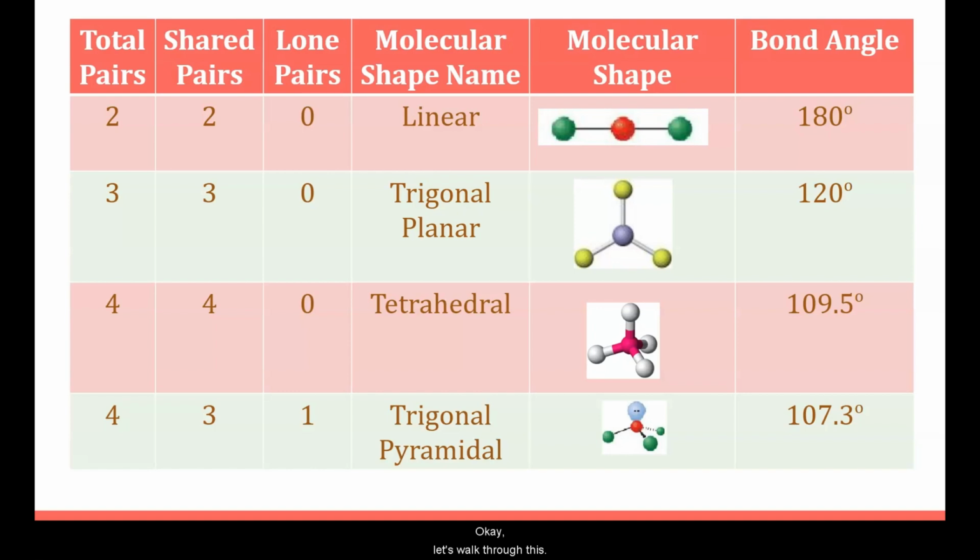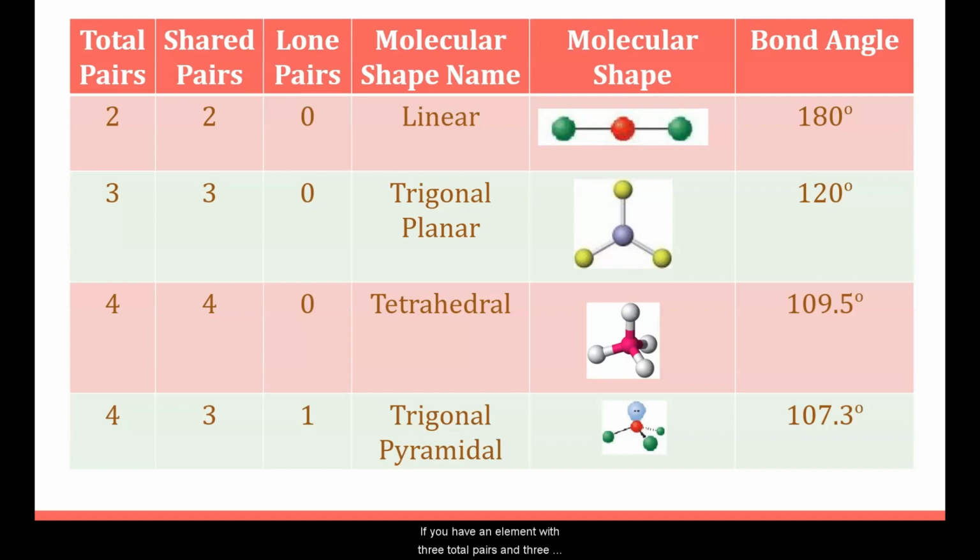Okay, let's walk through this. An element with 2 total pairs and 2 shared pairs with no lone pairs is linear. It's going to have a very flat, straight molecular shape, and you can do this also in your Lewis structure, and it's going to have a bond angle of 180 degrees.